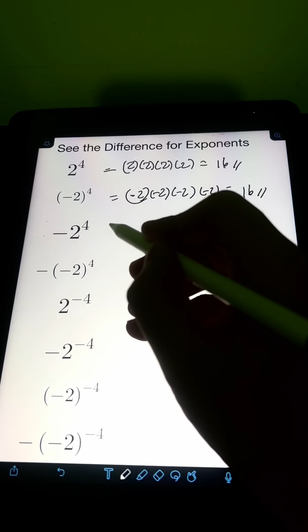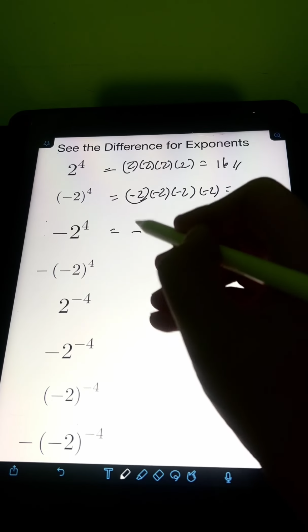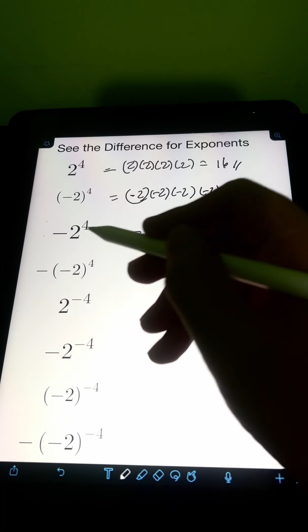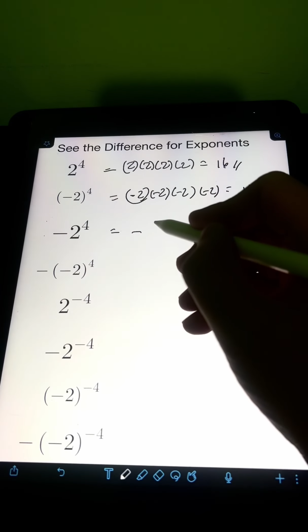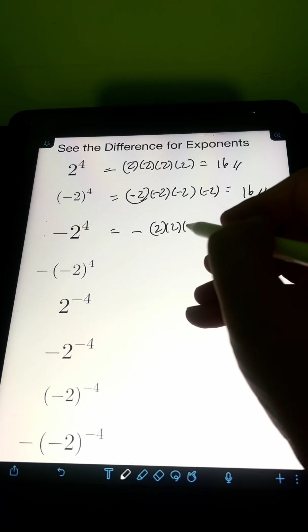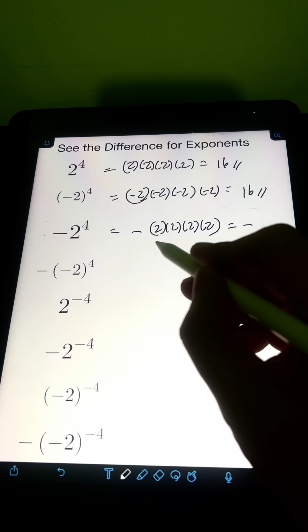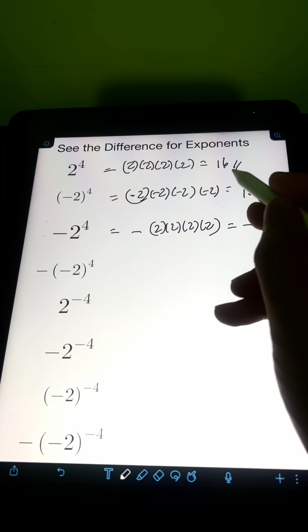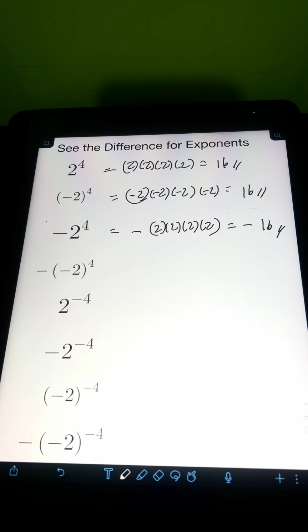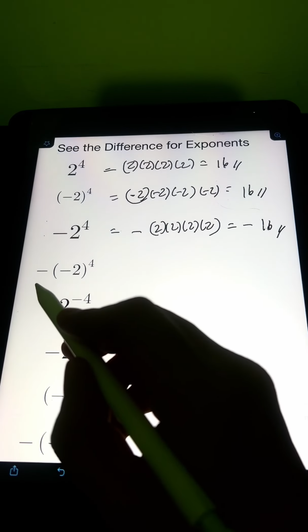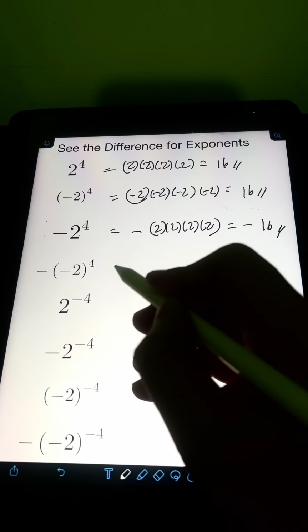Next, we have negative 2 to the fourth. This negative is just the sign of 2 to the fourth. So just copy the negative. And then 2 to the fourth is equal to 2 times 2 times 2 times 2, which is 16. So the final answer is negative 16. Next, negative of negative 2 to the fourth.